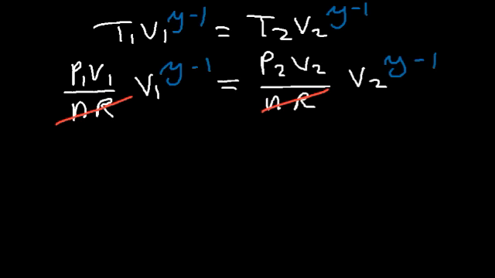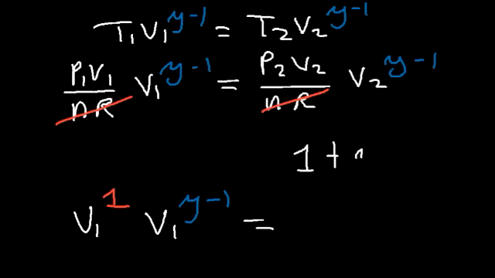Now according to the rules of algebra, if you multiply, let's say, two common variables, you can add the exponents. So x squared times x cubed is x to the fifth. 2 plus 3 is 5. Therefore, if we multiply V1 raised to the first power with V1 raised to the gamma minus 1, we can add 1 plus gamma minus 1, which is equal to gamma.